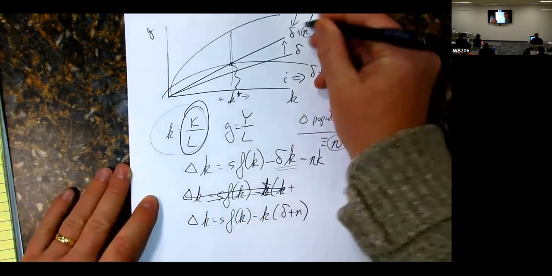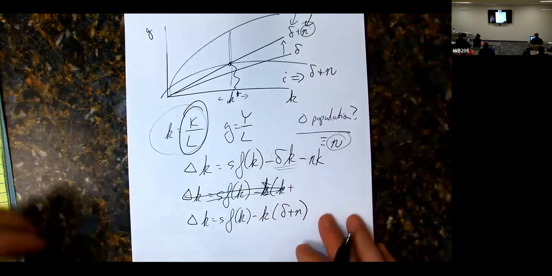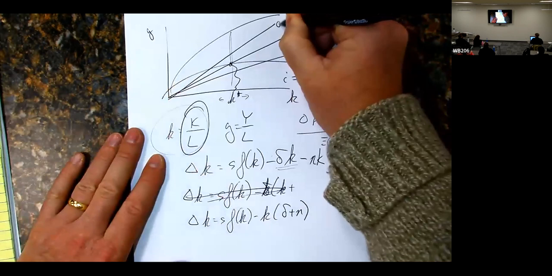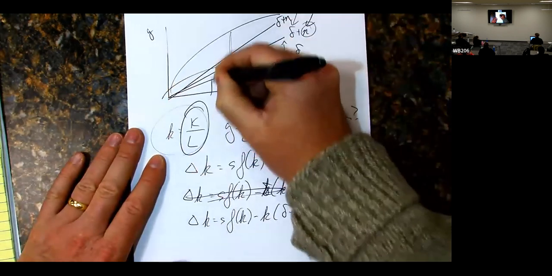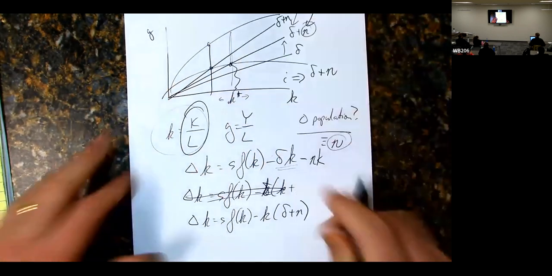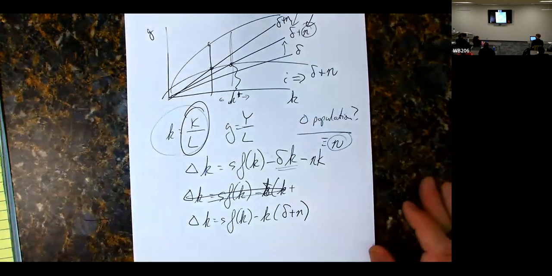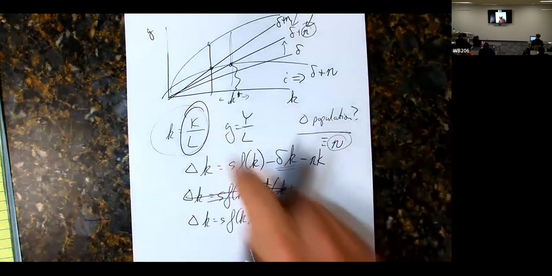As N increases, what happens? If population grows faster than we expect, we find ourselves at a new lower steady state, lower level of consumption, lower level of output per worker, less capital per worker.